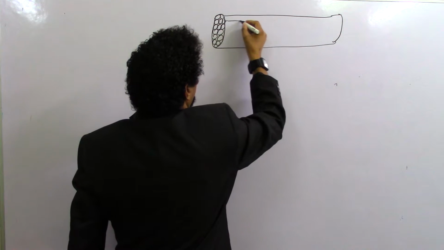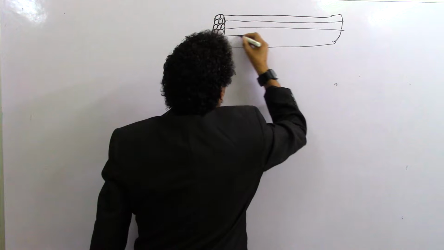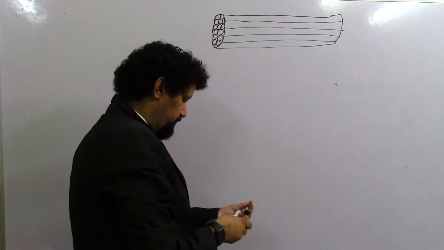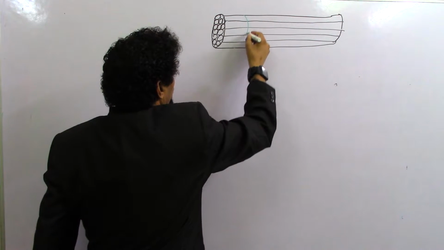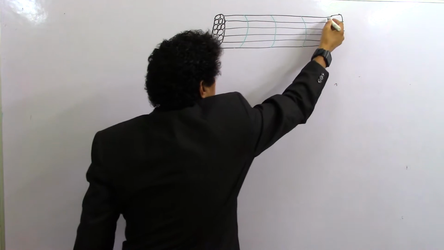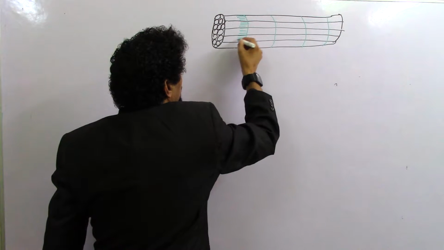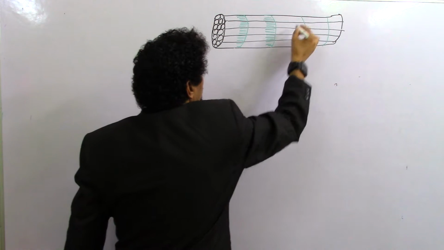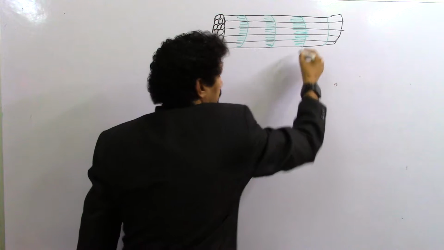This is the skeletal muscle, which is having the transverse striations, so also known as the striated muscle.